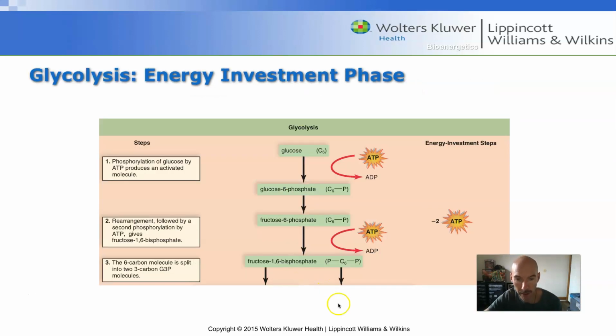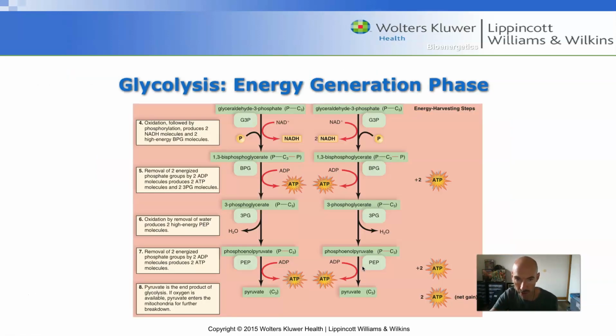Now notice what happens here. We have one arrow going down. Now at the bottom of this, we suddenly have two arrows. Well, what does that mean? Well, now that this molecule is symmetrical, meaning we have 2 phosphates and 6 carbons, we can split this molecule in half. And that's what occurs as we transition to the energy generation phase.